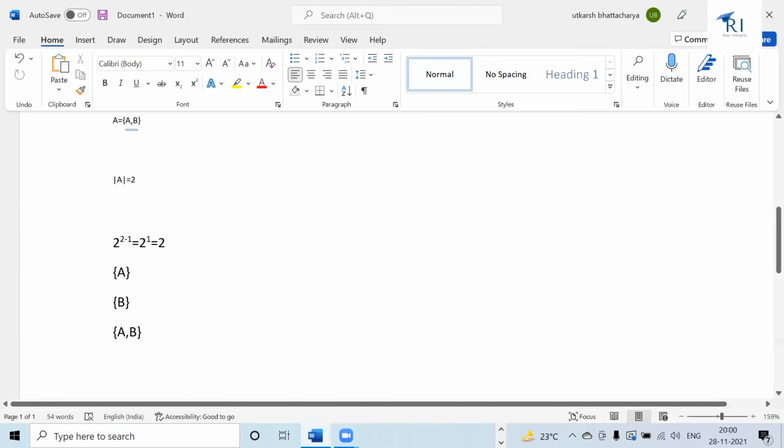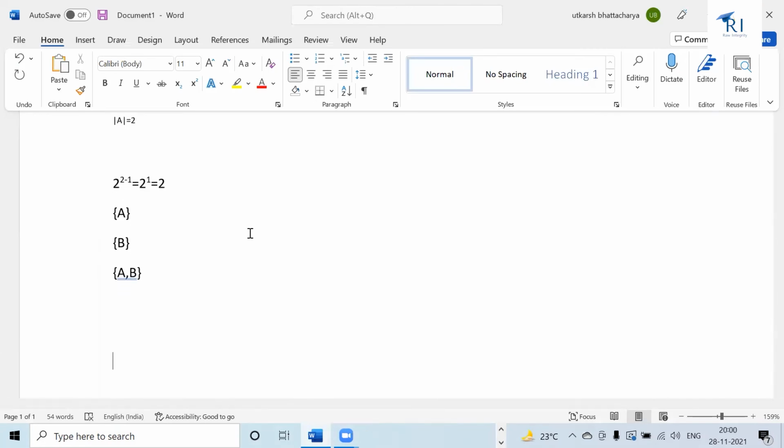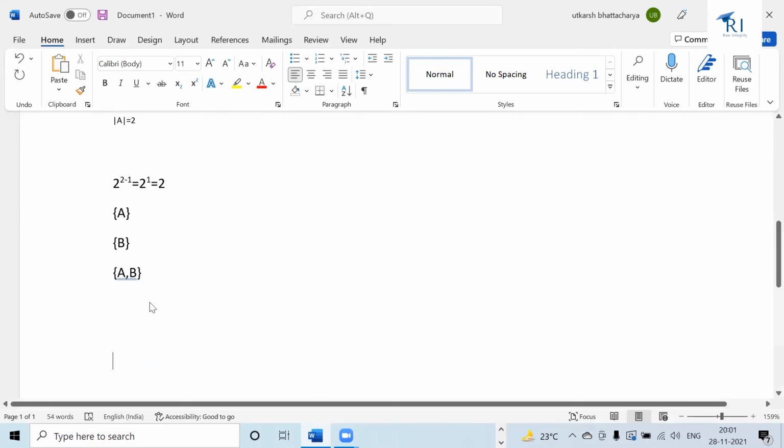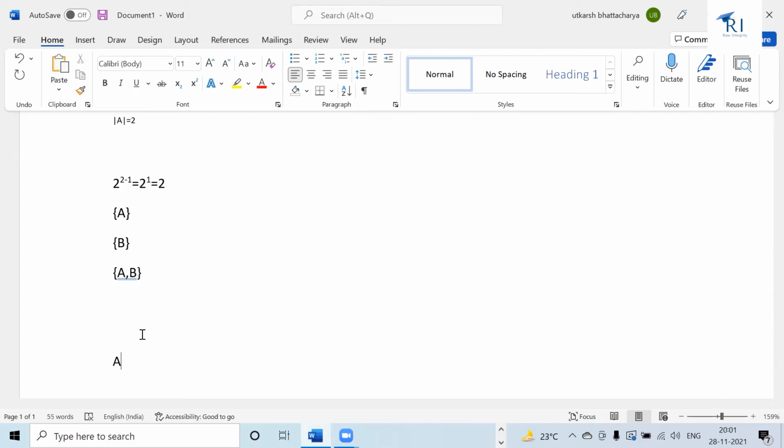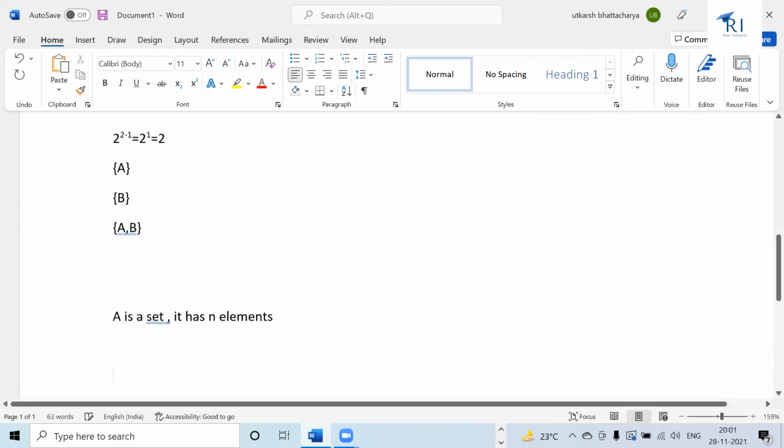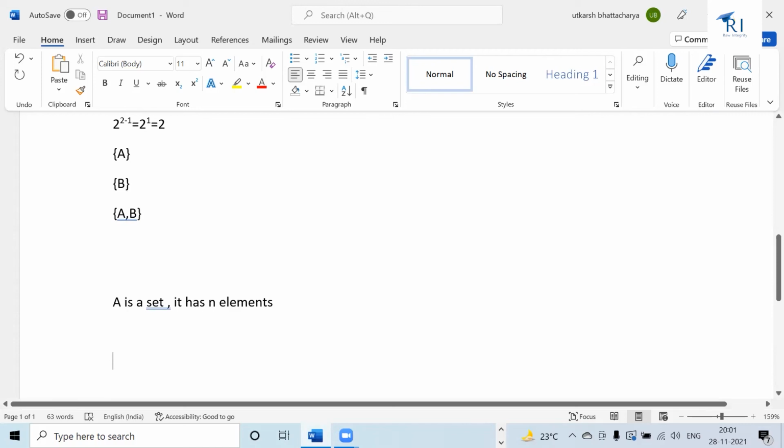Okay. So now the formula we read for proper subsets. Let's say we have a set, it's called A. A is a set, and let's say it has n elements. Whatever the number, it doesn't matter how many elements.